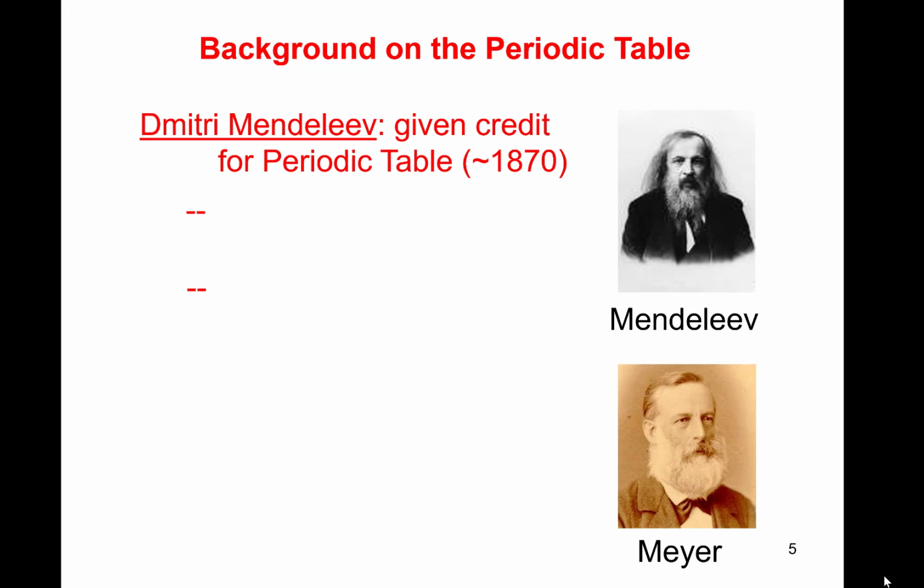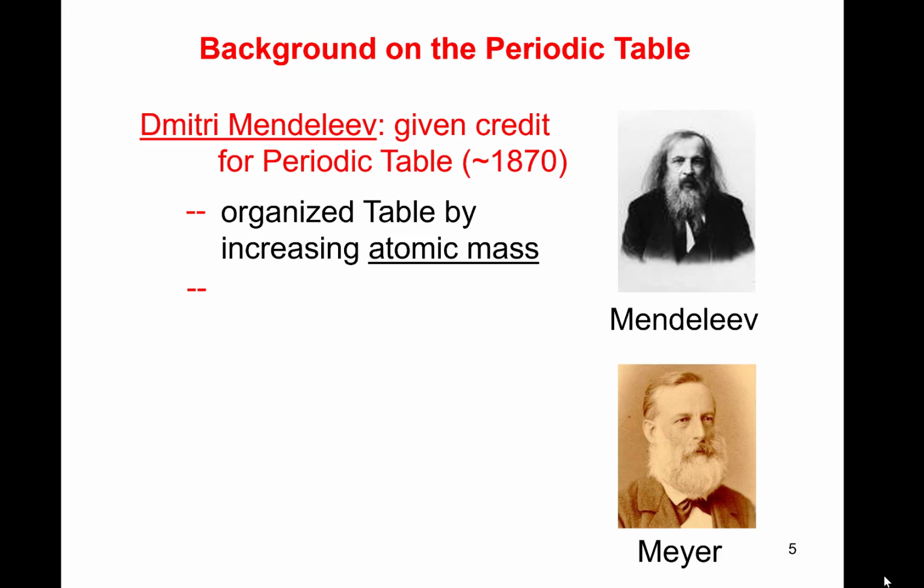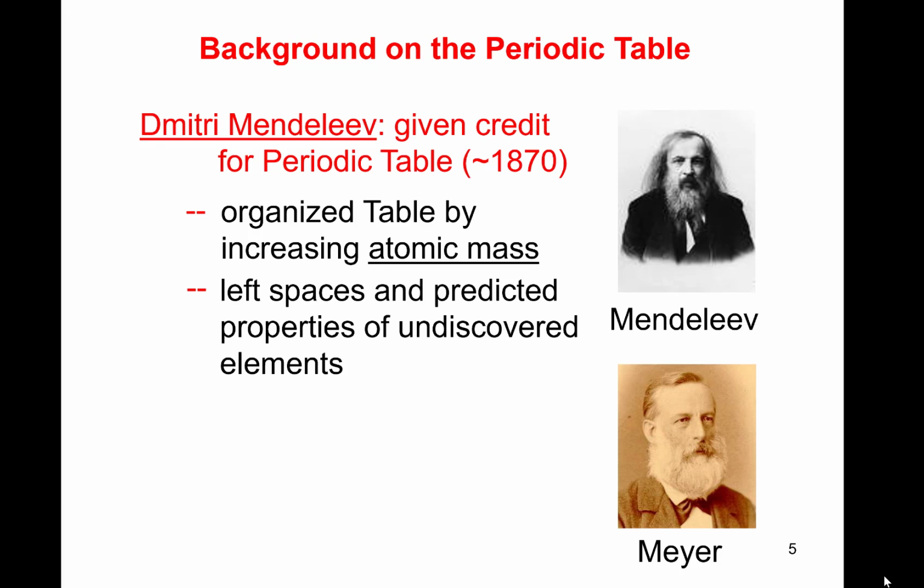And then around 1870 came Dmitri Mendeleev, who is given credit for the periodic table. We now refer to him as the father of the modern periodic table. He organized the periodic table by increasing atomic mass. What's important is that he left spaces and predicted properties of undiscovered elements.